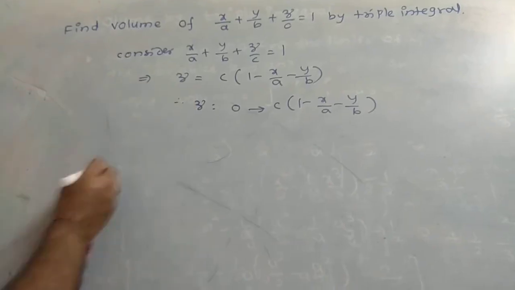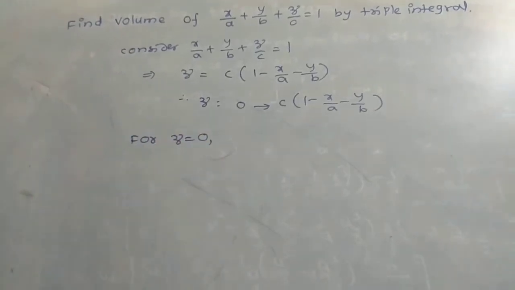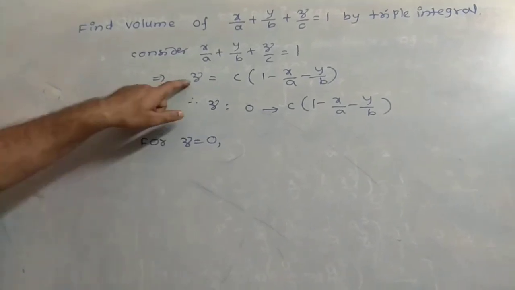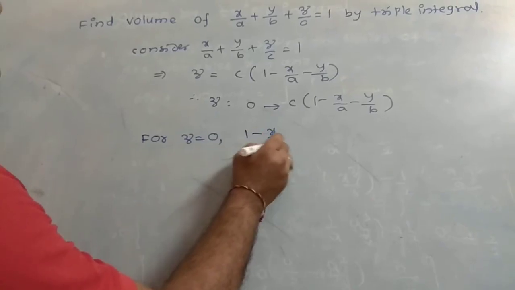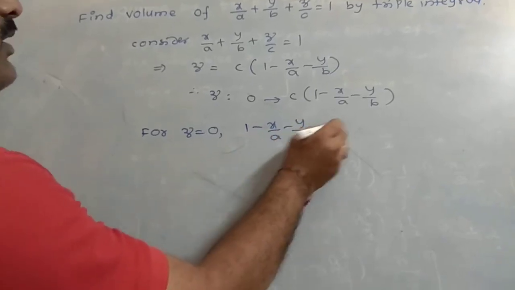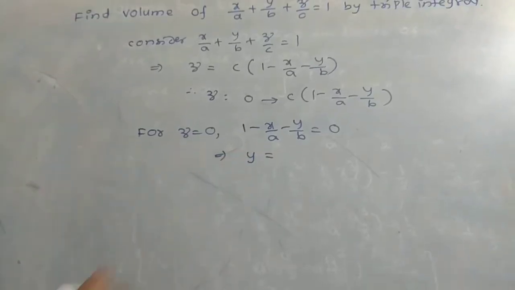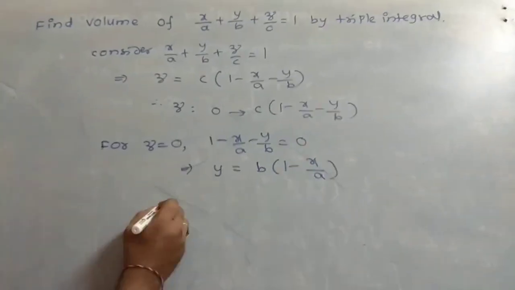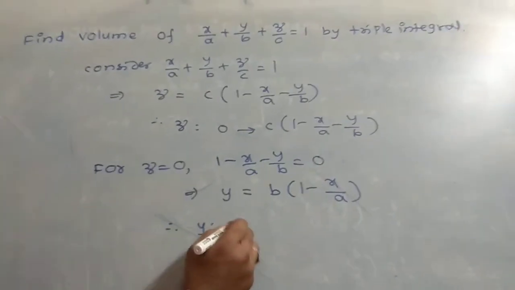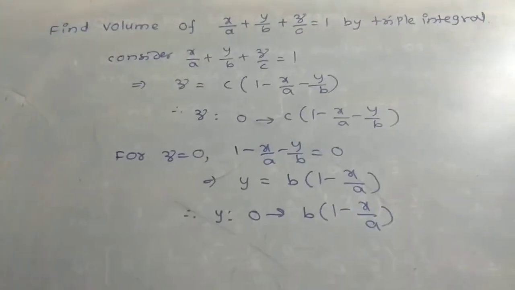Similarly, in order to get the y limits, you substitute z equal to 0. If I write z equal to 0 in the previous equation, you will get 1 minus x by a minus y by b equal to 0. From this you get y equal to b into 1 minus x by a. Therefore your y limits are 0 to b into 1 minus x by a.